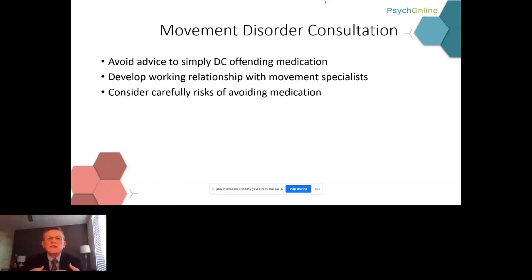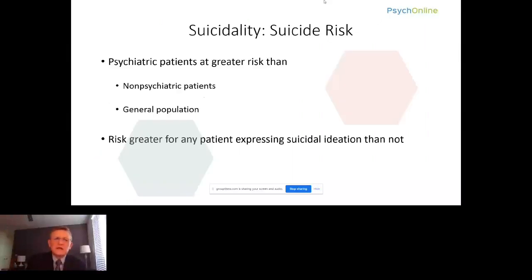You don't want to send a patient to, say, a movement disorder specialist for a tremor who says, oh, well, you've got a tremor from that medication, just stop it. I mean, that's just really not helpful to your patients. So what you want to do is develop a working relationship with movement disorder specialists who understand our patients and their needs and carefully consider the risk of avoiding medication so we can all discuss it together.